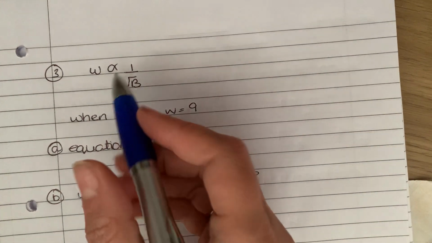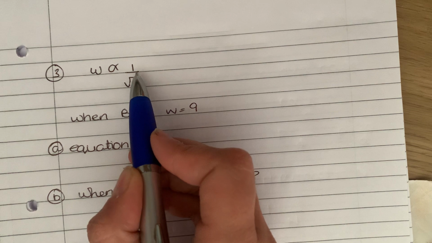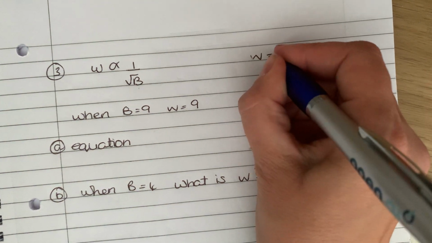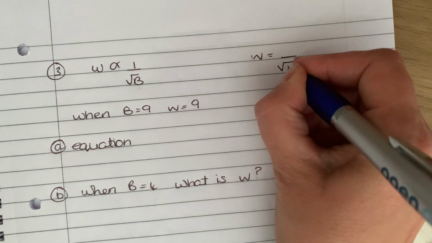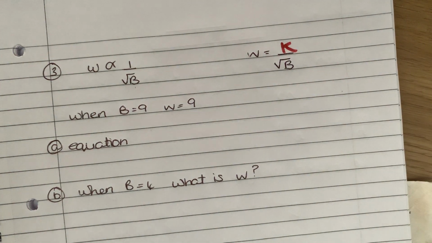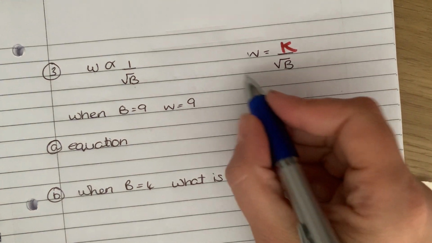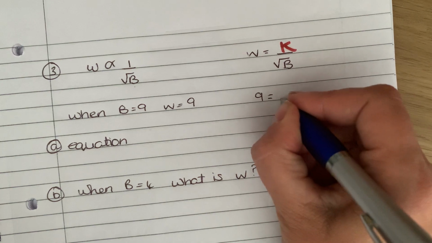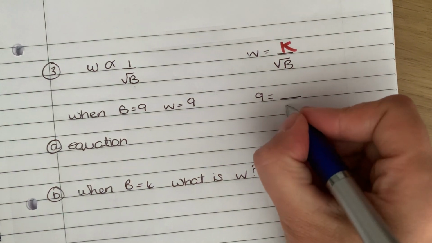Next one. So w is inversely proportional to the root of b. So we need to find the k value first. So we know the equation is going to look like that form. Right, when w is 9, b is 9. So the square root of 9 is 3.